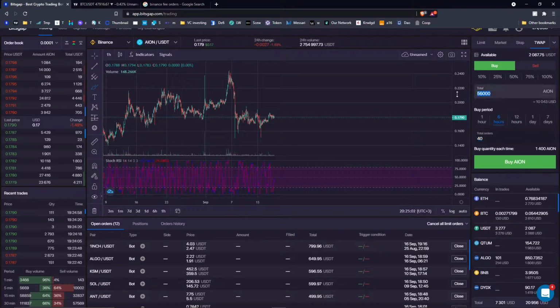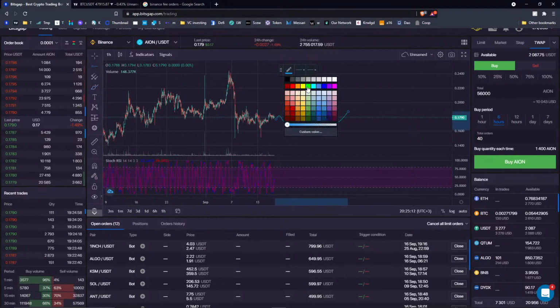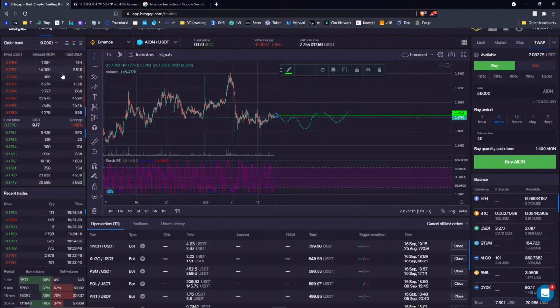That way you spread your investment, so the price can swing, and your TVAP will execute your order here, and then at a lower price, and then the price rises, it will buy at a higher price.